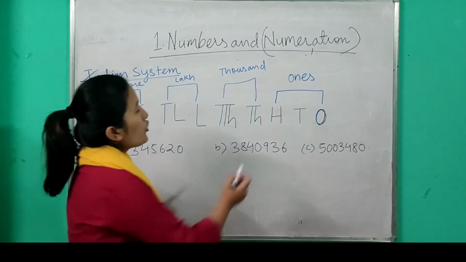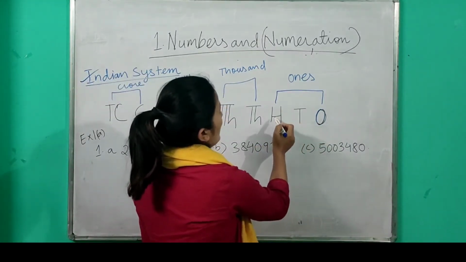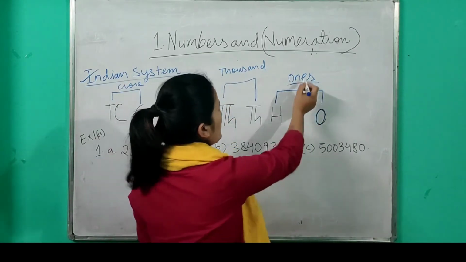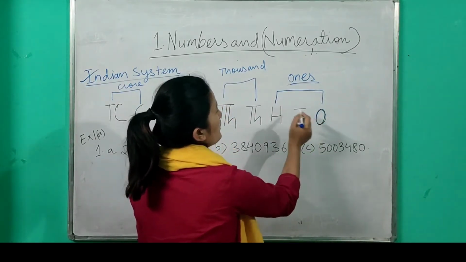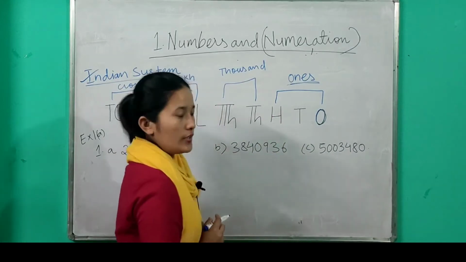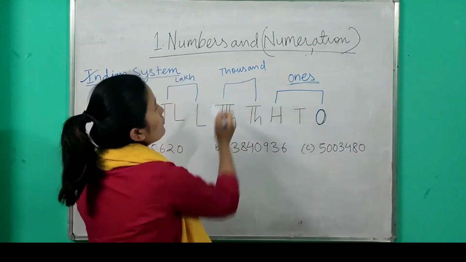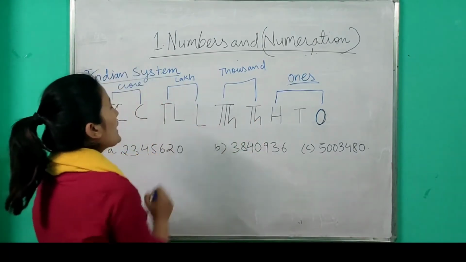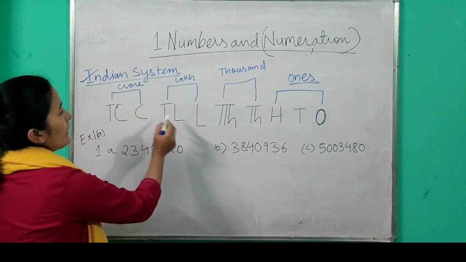Your ones, tens and 100 fall under the ones period. So the ones period has 3 places: ones, tens and 100. The thousands period has 2 places, 1000 and 10,000. The lakhs period has 2 places, lakh and 10 lakh.